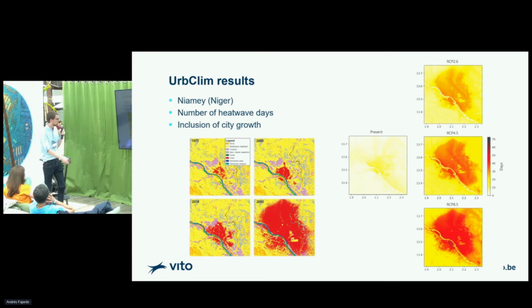What is shown on the right is the number of heatwave days, again for three scenarios: a low emission, a medium emission, and a high emission scenario. You can really see that, depending on the scenario that we go to, it will have a huge effect on the citizens living there, with huge increases of heat stress that people will experience.